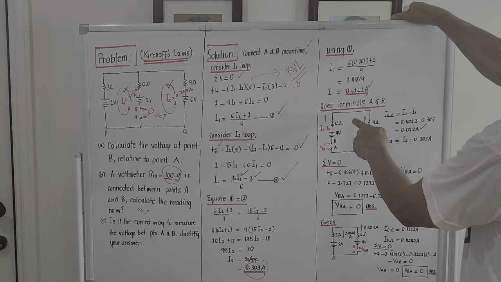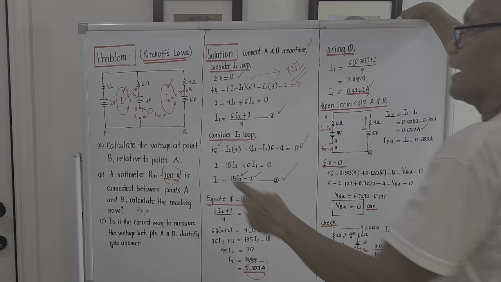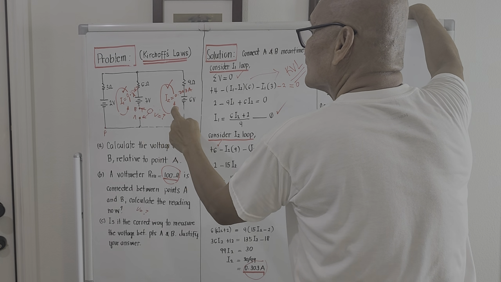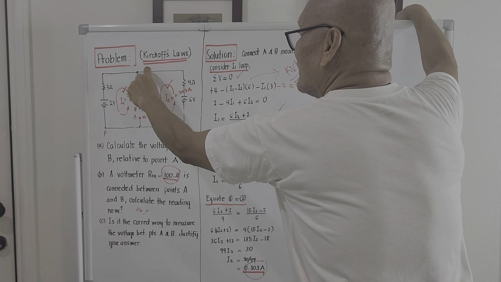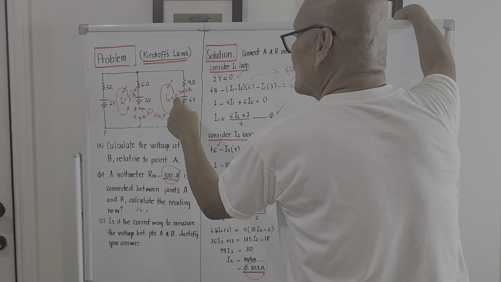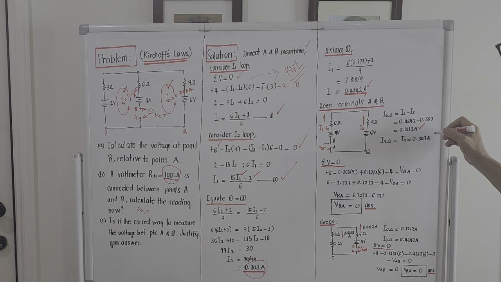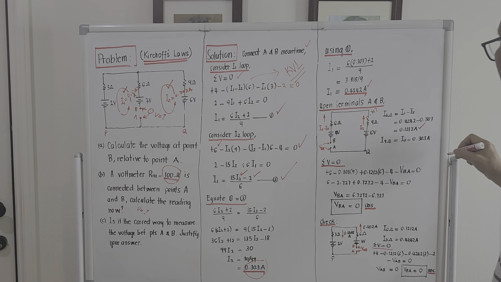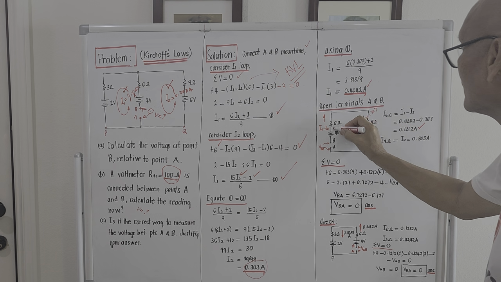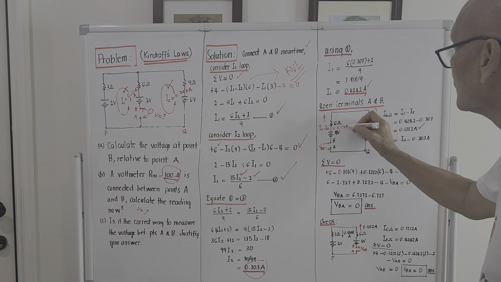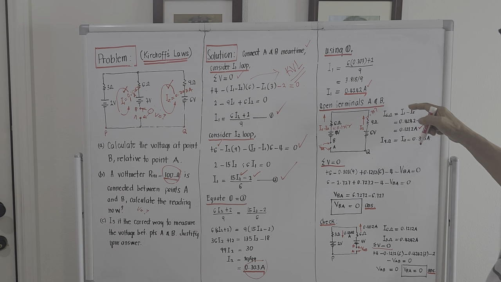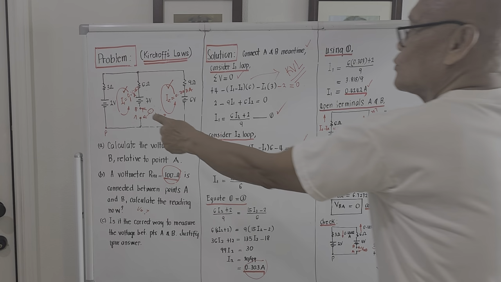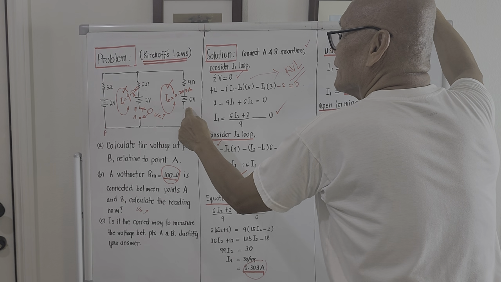And the current passing through the 6 ohm load: I1 is bigger than I sub 2, so the current passing here will be the difference, 0.4242 minus 0.303, which is 0.1212 amperes.